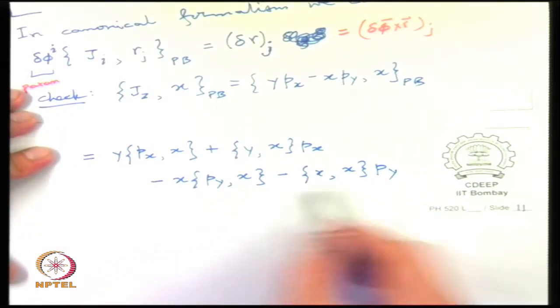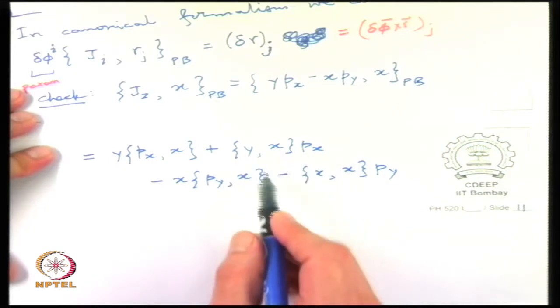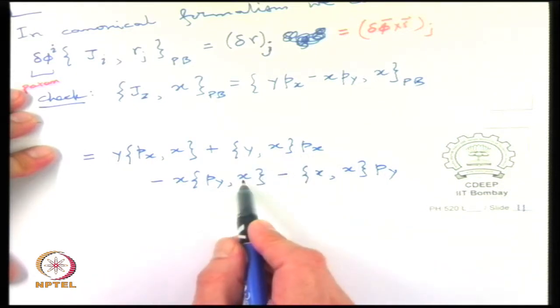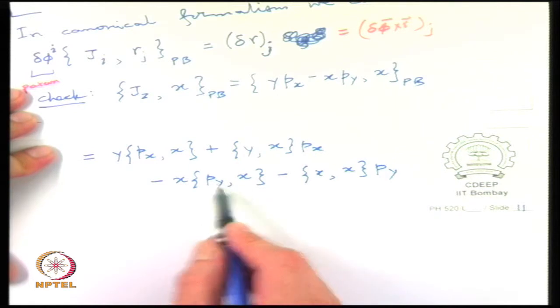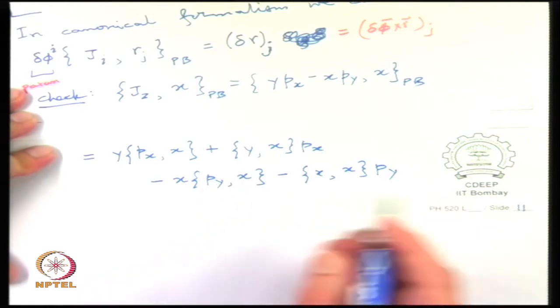But all of these will vanish because y x Poisson bracket x, with a canonical variable not conjugate to it, all of these are 0.